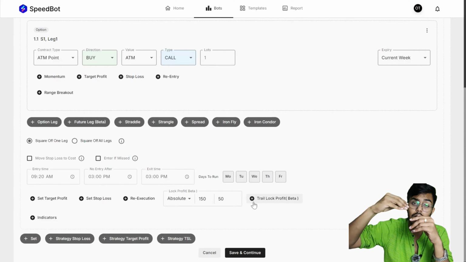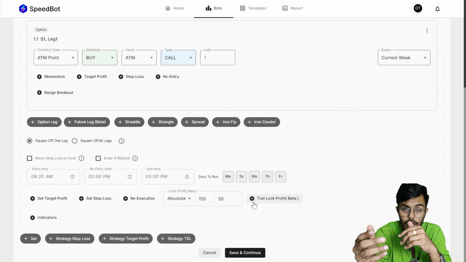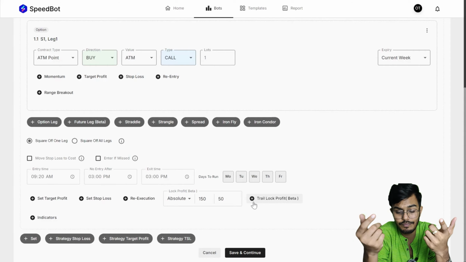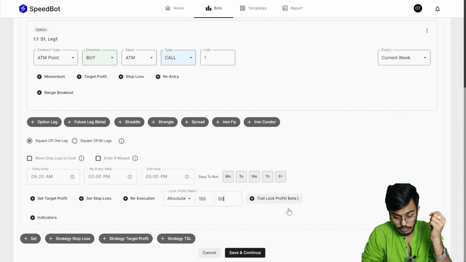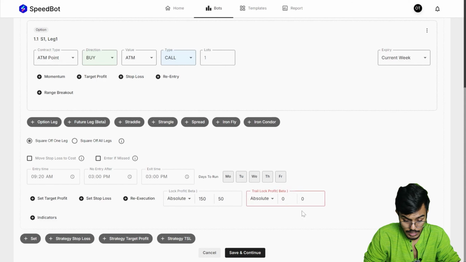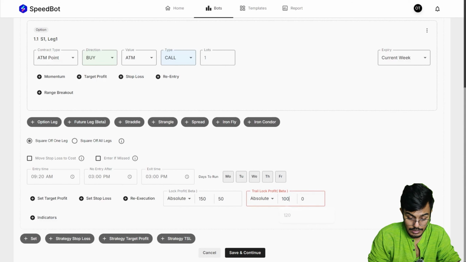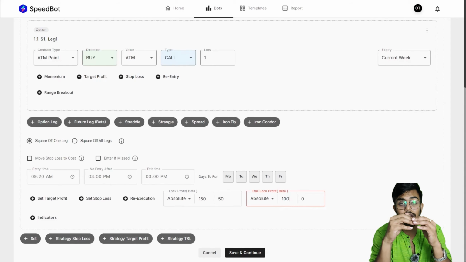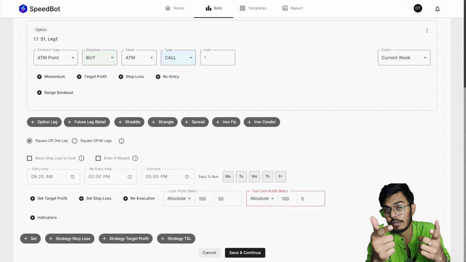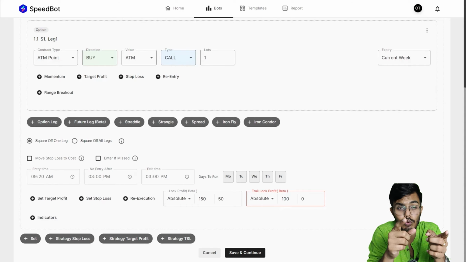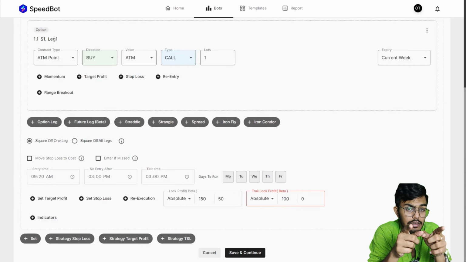If there is a movement in my profit of maybe 100 rupees, then I'll click over here on log profit, and I say that if there is another 100 rupees movement in my profit, so initially it was at 250.